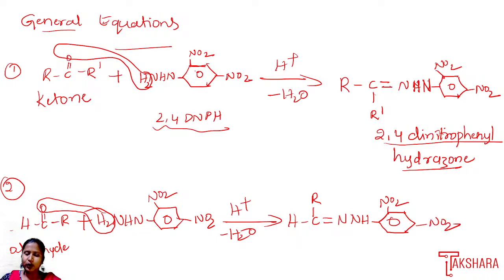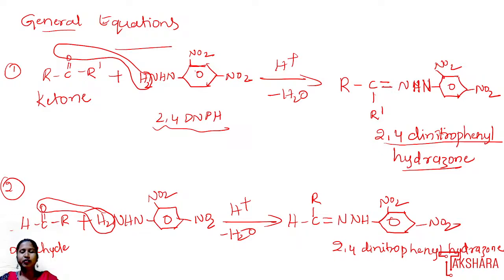The product is called 2,4-dinitrophenyl hydrazone. So these are the two general equations when aldehydes and ketones undergo the reaction with 2,4-DNPH. We will get the respective 2,4-DNP hydrazone products.